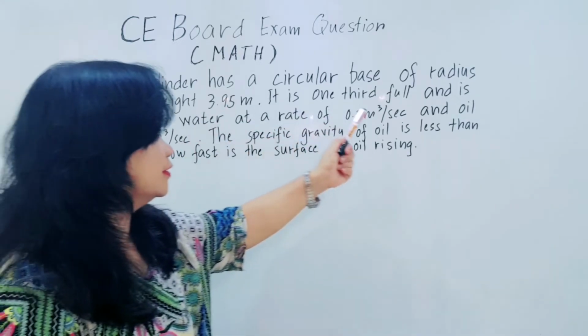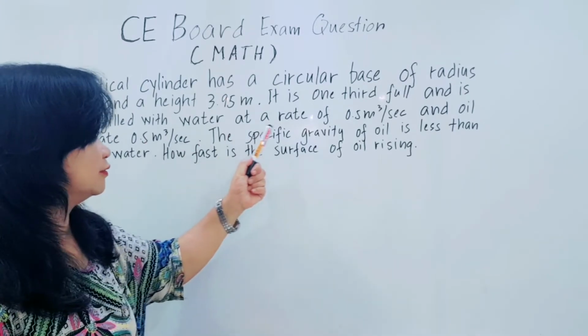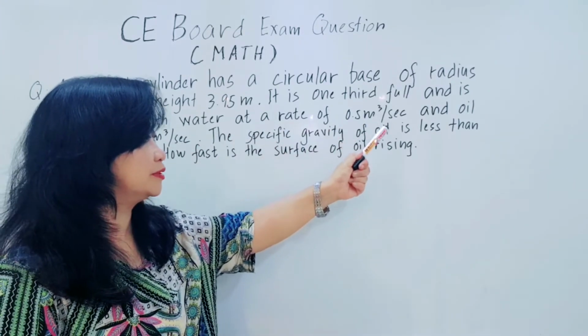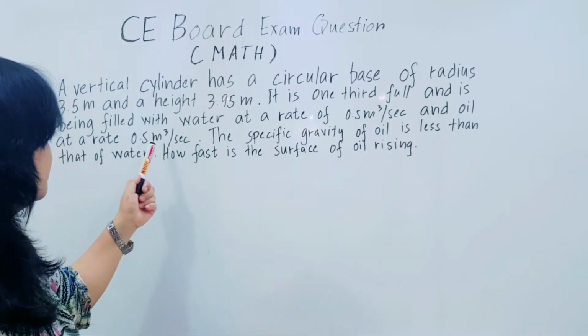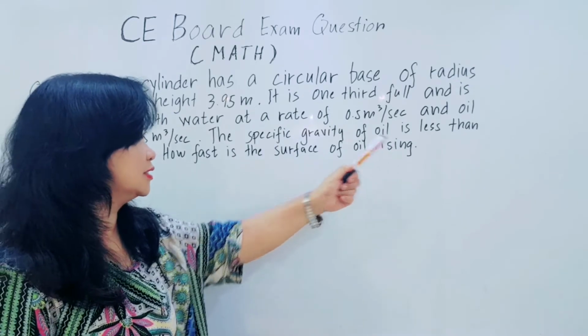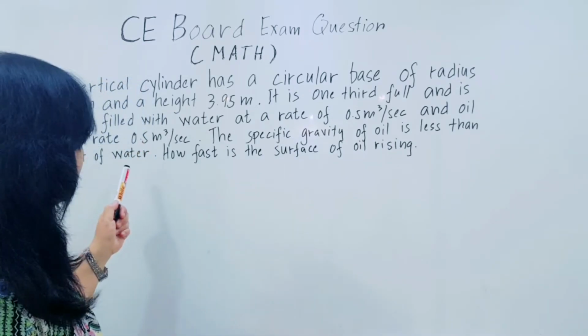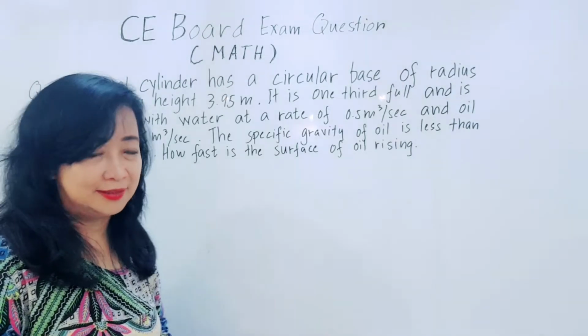It is 1/3 full and is being filled with water at a rate of 0.5 meter cube per second and oil at a rate of 0.5 meter cube per second. The specific gravity of oil is less than that of water. How fast is the surface of oil rising?